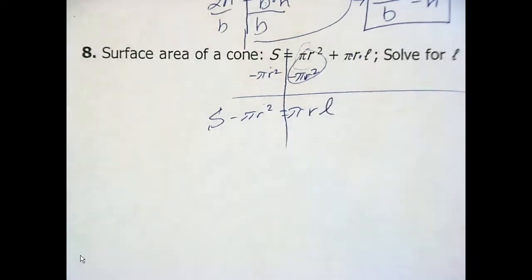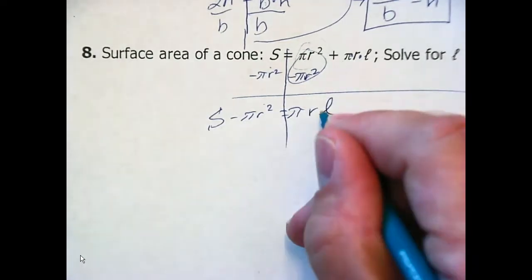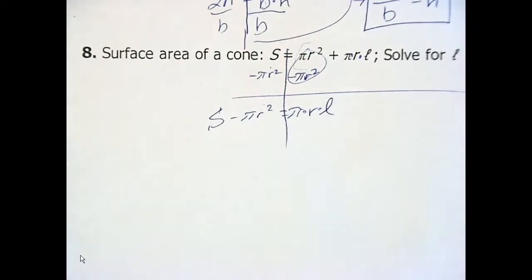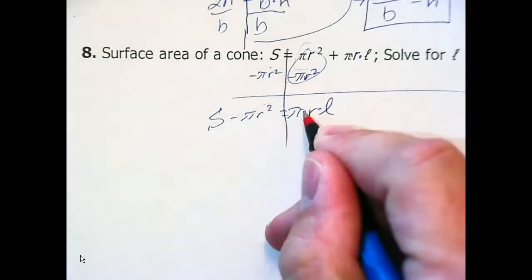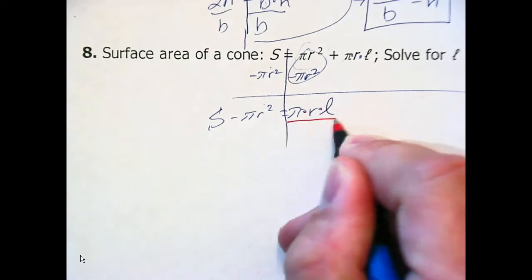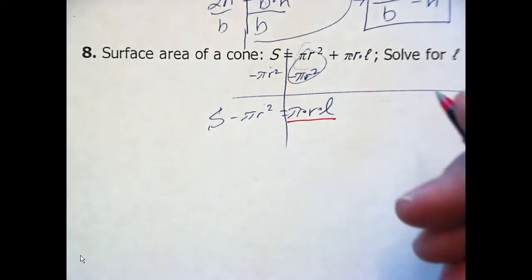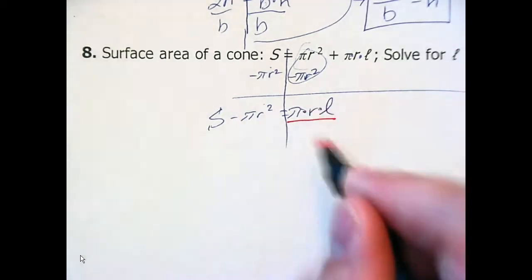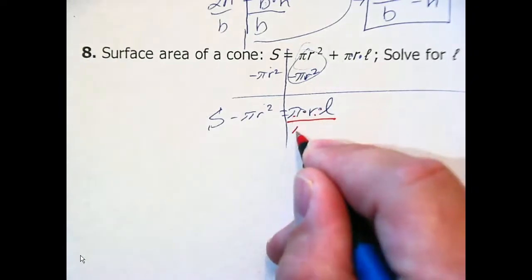All right. So, the way we get rid of multiplication is to divide. And they're multiplying both of these things, so we can divide them both out at the same time. So, the two things we need to get rid of are pi and r.